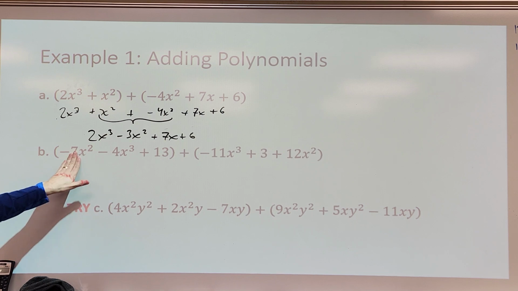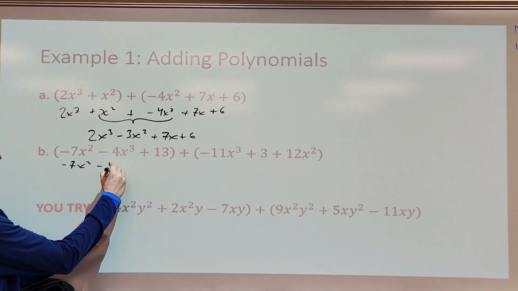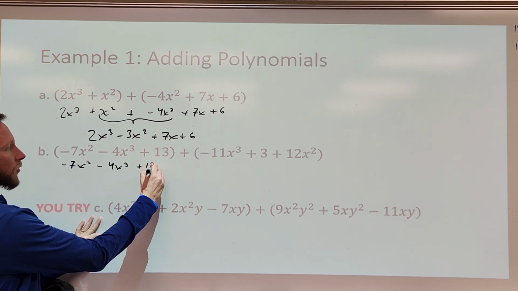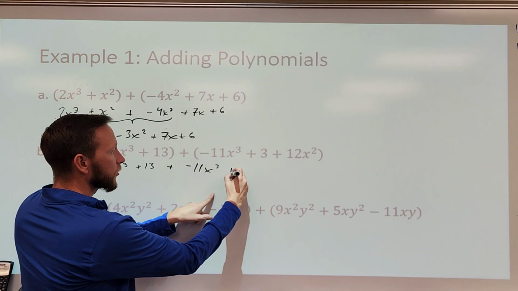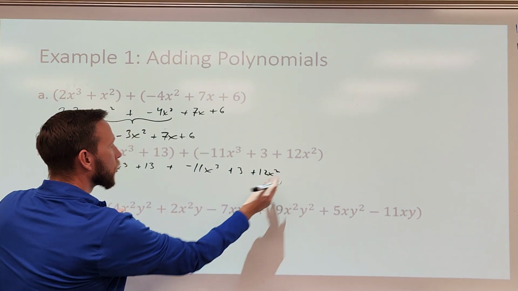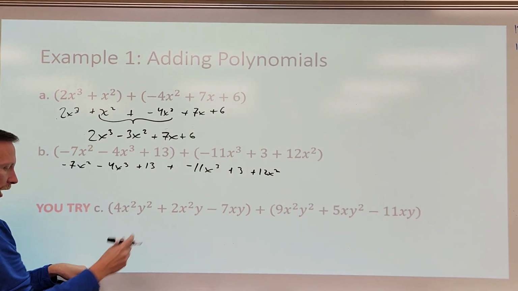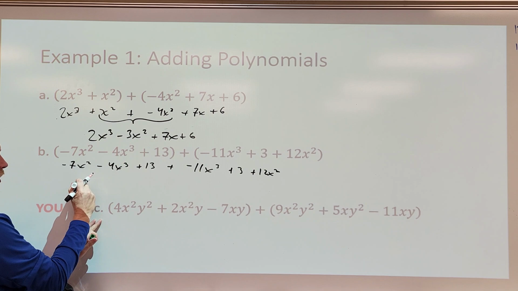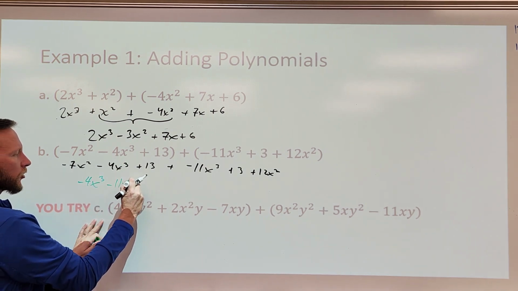Over here, these are maybe not in the right order, but I can write these without the parentheses so that I can then change the order. We're just adding this, and this, and this. And then I can shuffle the order around as needed. This is not a step that everybody has to do, but it is one that I would recommend. I'm going to write my cubics, negative 4x cubed and negative 11x cubed.